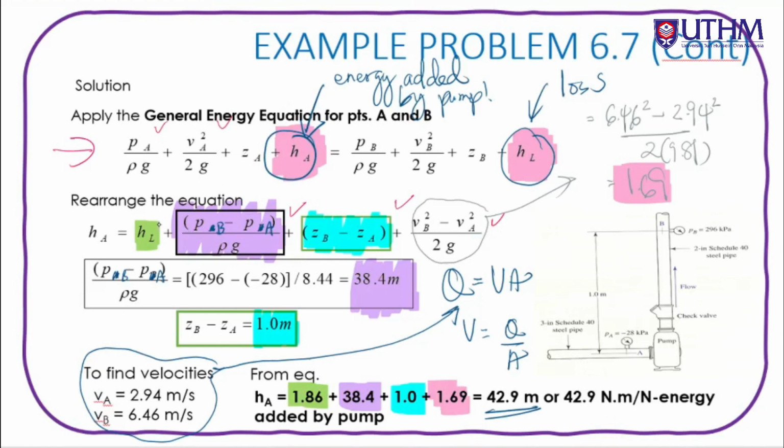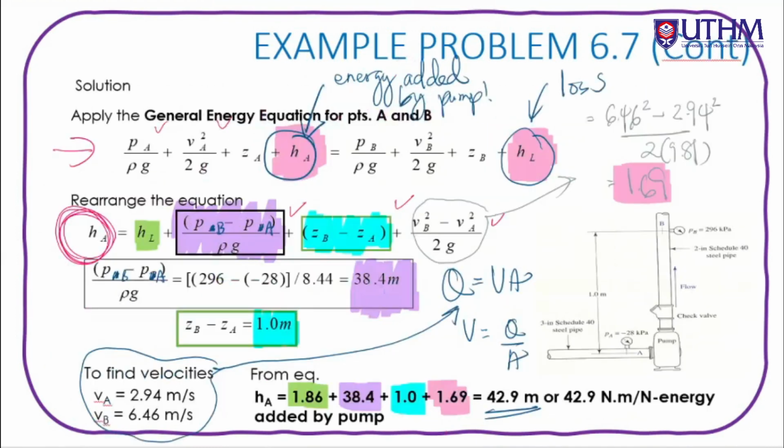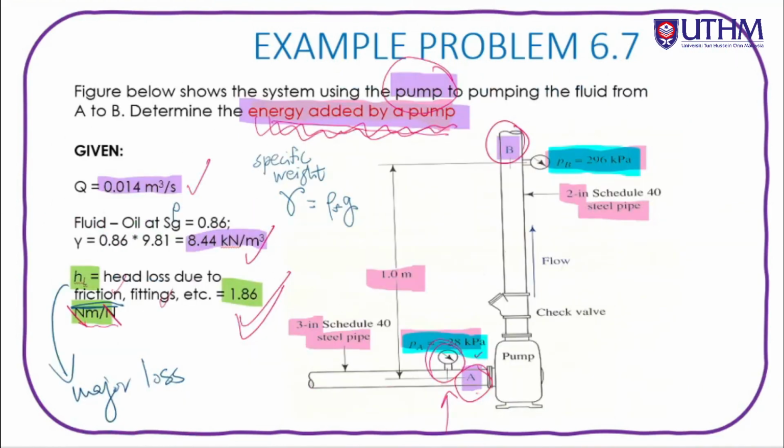So, in order to find the power, and the question ask kan, the energy added by a pump, berapa energy added by a pump is this value lah, HA yang kita nak cari. HL given, no problem. PB minus PA over rho G given juga sebenarnya. PA negative 28 kilopascal, PB 296 kilopascal.